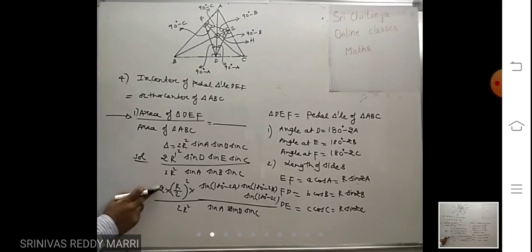Now the 2 gets cancelled. This is R square by 4, and R square will get cancelled. We will simplify this.